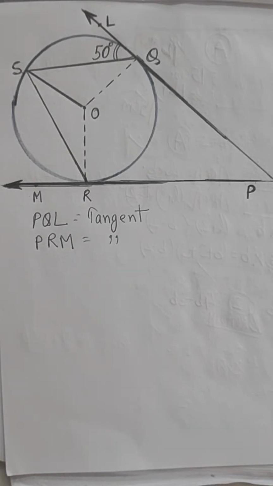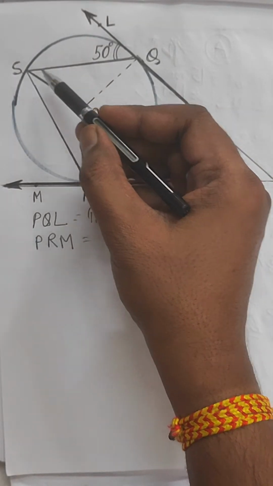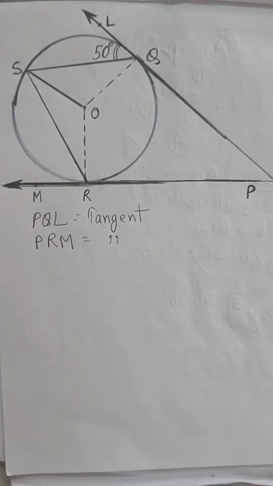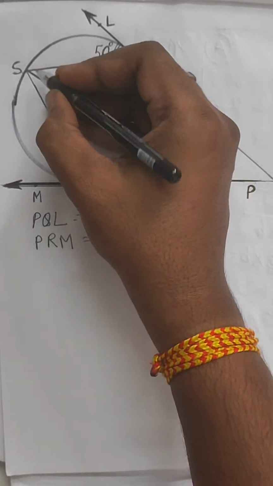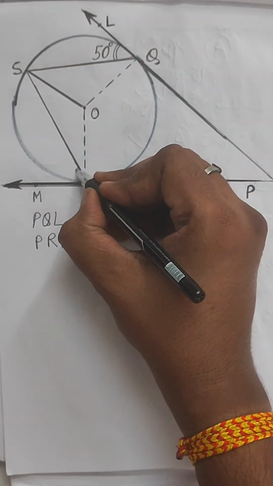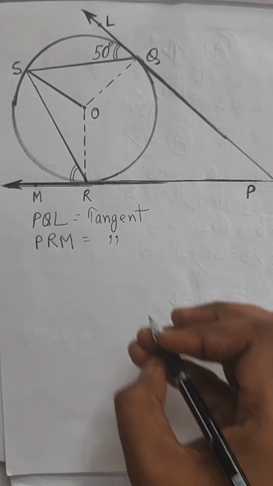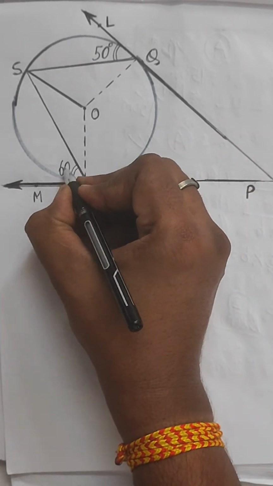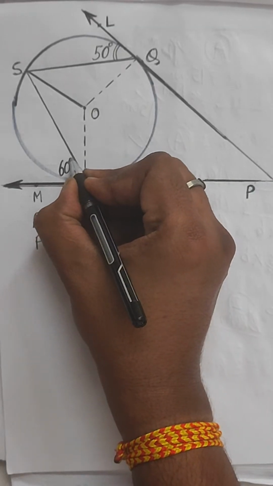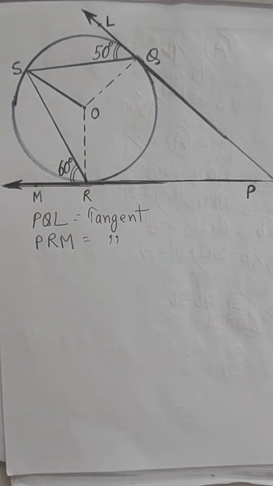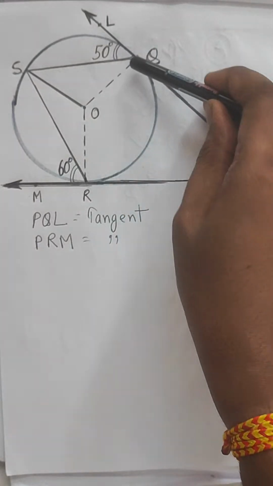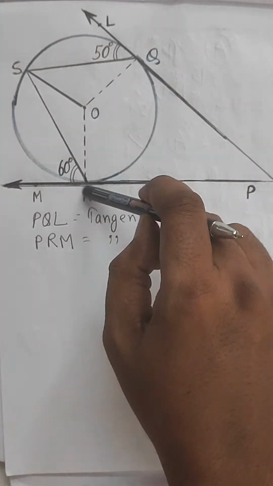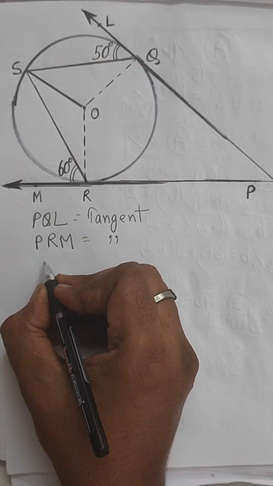Now the second part, angle SRM. Due to the presence of this S, angle SRM is formed, and the measure of angle SRM is 60 degree. So this is S, this is R, this is M. The measure of this angle is given to you as 60 degree. Now since angle SQL is given as 50 and SRM is 60, let me write it.